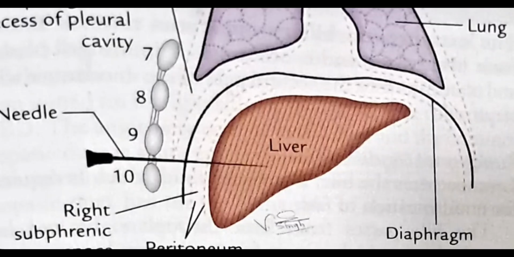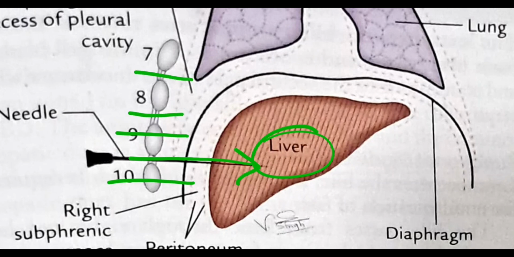So the needle in the liver biopsy is inserted between the 9th and 10th rib, so that we can take the liver tissue, examine it and conclude whether the liver is in good condition. While injecting the needle between the 7th or 8th ribs, we can reach the pleural cavity or lungs. To avoid it, we have to inject the needle at the 9th to 10th rib space.